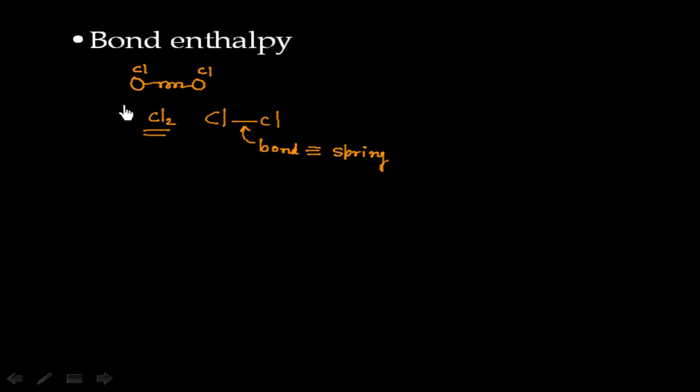Now let us see what happens if I give some energy to this chlorine molecule. Initially it is vibrating with this much amplitude, that is this much distance. If I give energy, it will still vibrate, but now with a slightly longer amplitude.